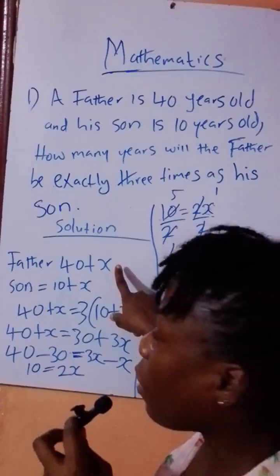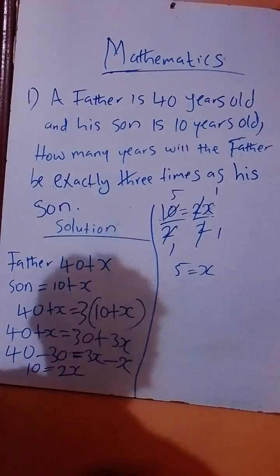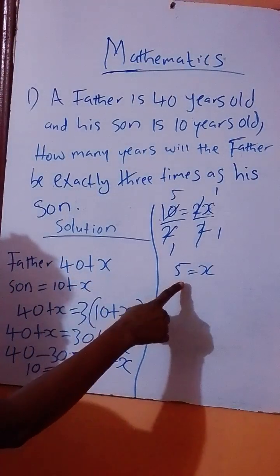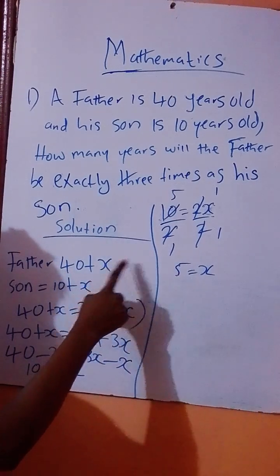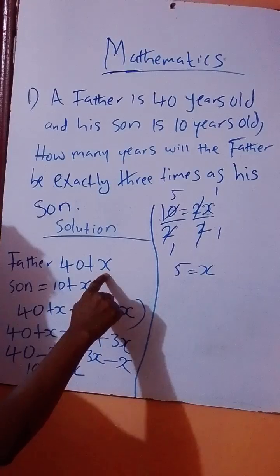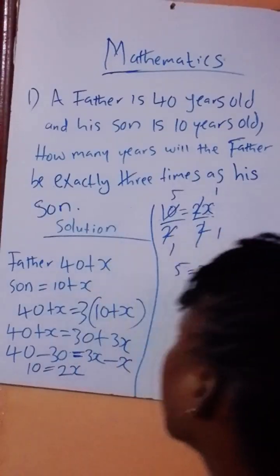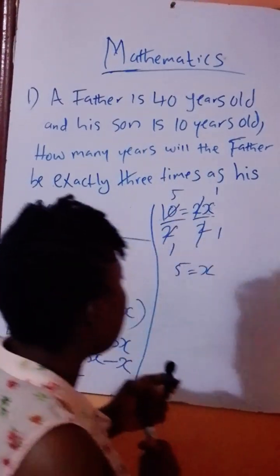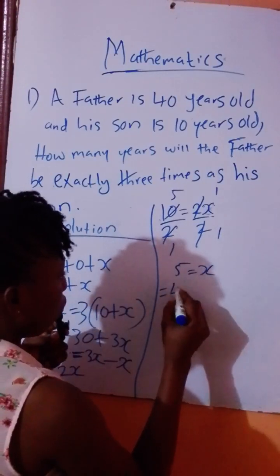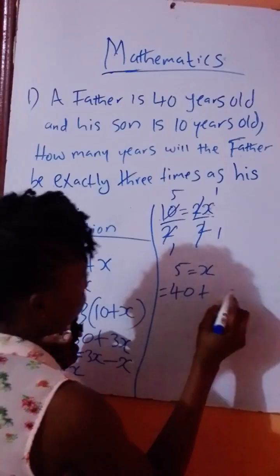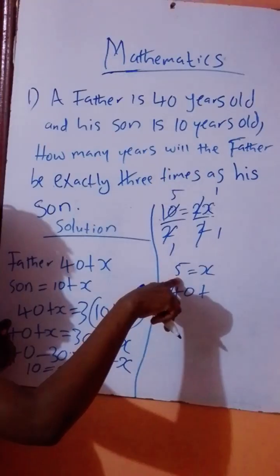That means we have gotten our S. I hope you have seen it very well. This 5 now will replace this S. The next step is 40 plus, it was S before, but now we have gotten our years, which is 5.